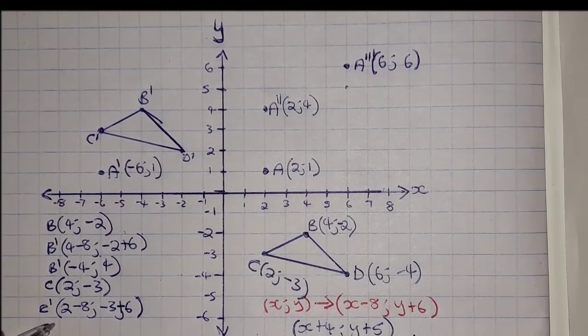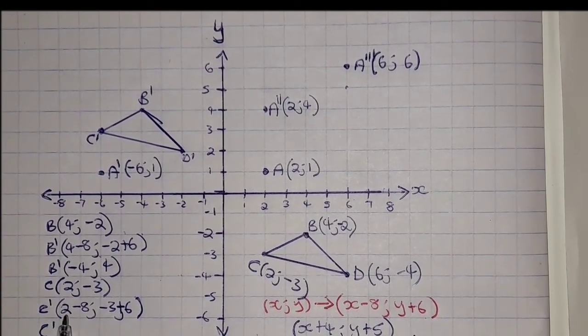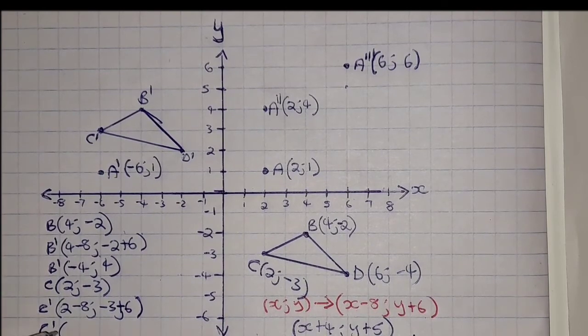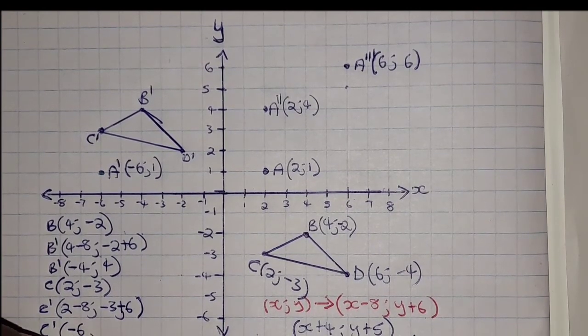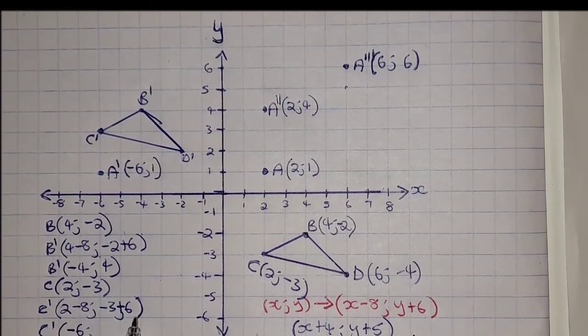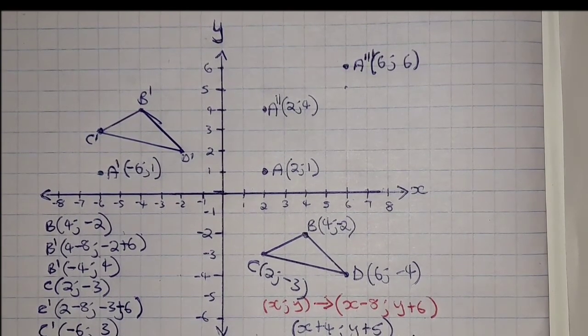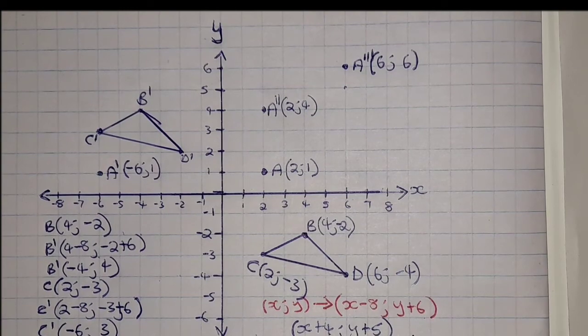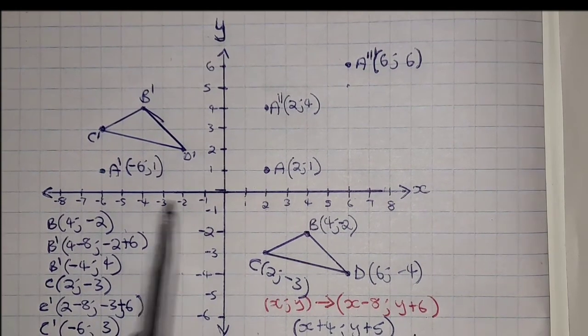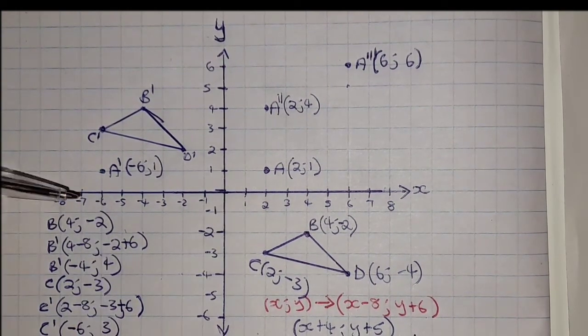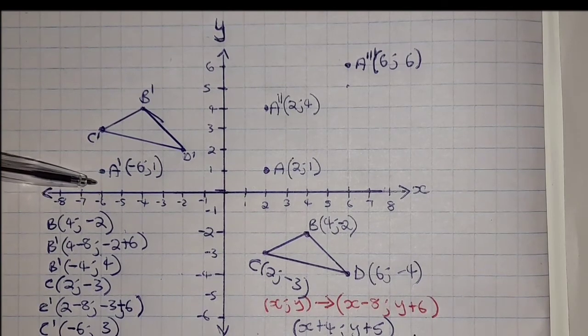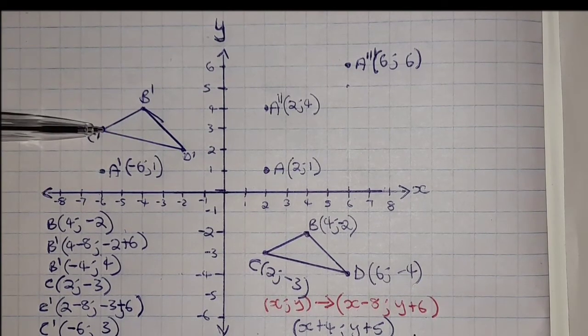So it means the image of C will have 2 minus 8 is negative 6, negative 3 plus 6 is positive 3. So the coordinates of C is negative 6, 3.